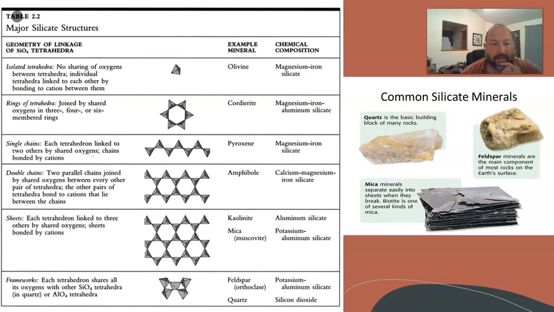And those linkages, if we look over here on the right, it's how we form things like quartz, which we said is that framework tetrahedra. We got feldspar over here, which is also the framework tetrahedra, and mica is in that sheet tetrahedra.